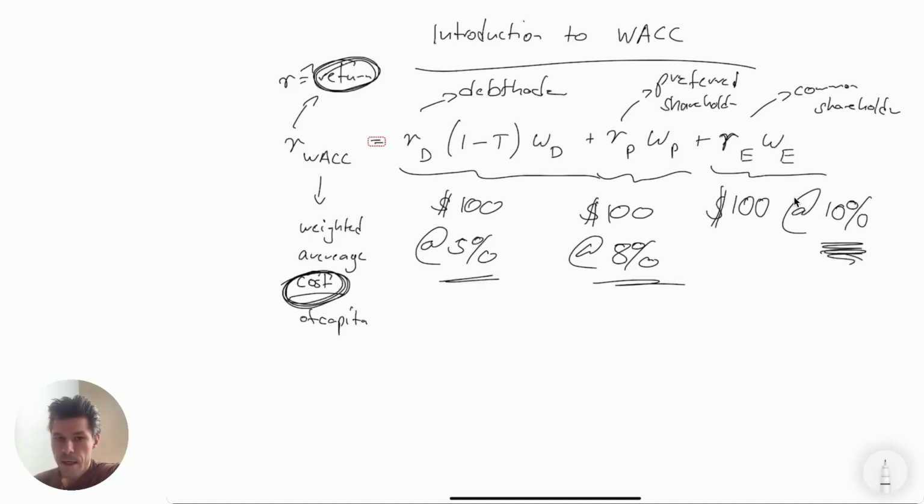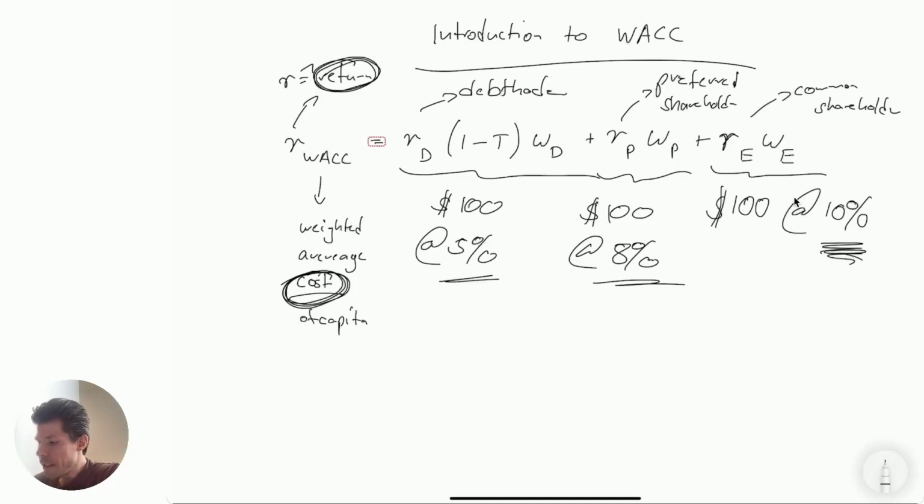If the company has a 100% equity structure and only consists of common shareholders, then your weighted average cost of capital would be your cost of equity only. You wouldn't have the debt part and you wouldn't have the preferred share part. So it shifts depending on how much weight you have from each capital provider.